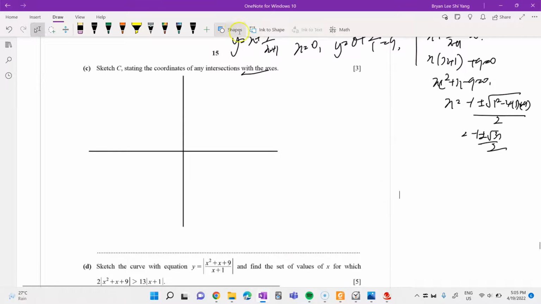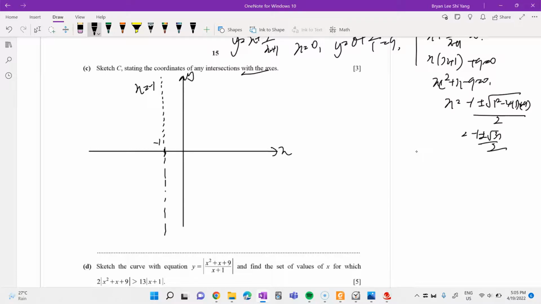And then one of my asymptotes would be, this is x, this is y, this is negative 1, and we showed earlier that this is one asymptote, so we should draw a dotted line over here and label x equals negative 1. And then again y equals x is also an asymptote, so we should also draw a dotted line and make it roughly cut in half, so y equals x.